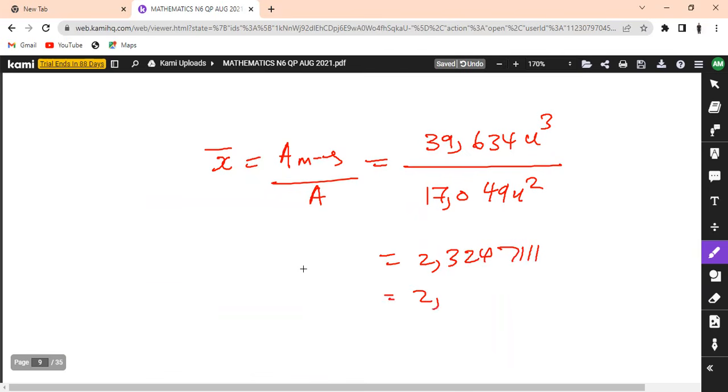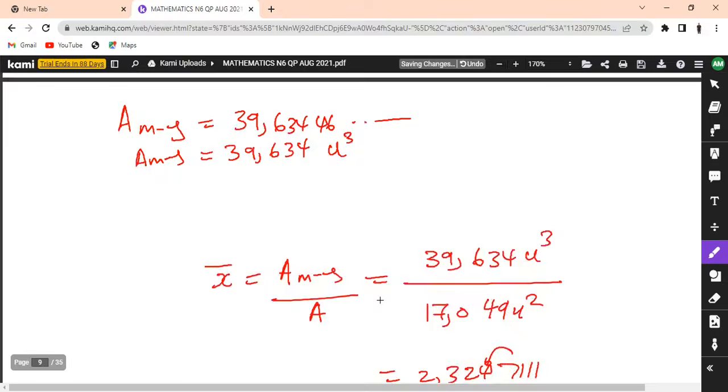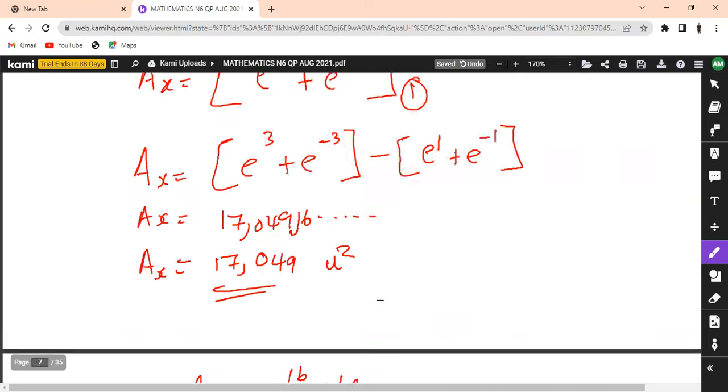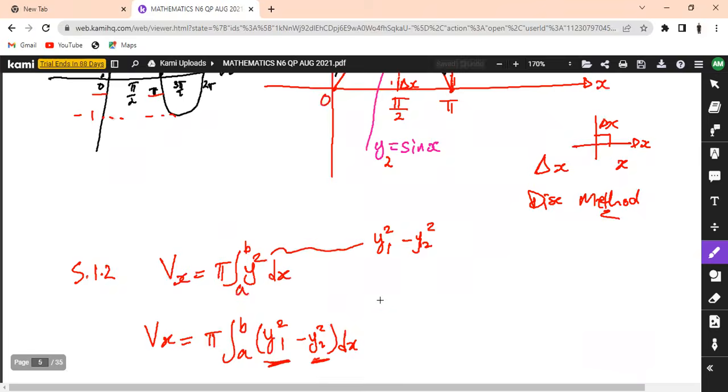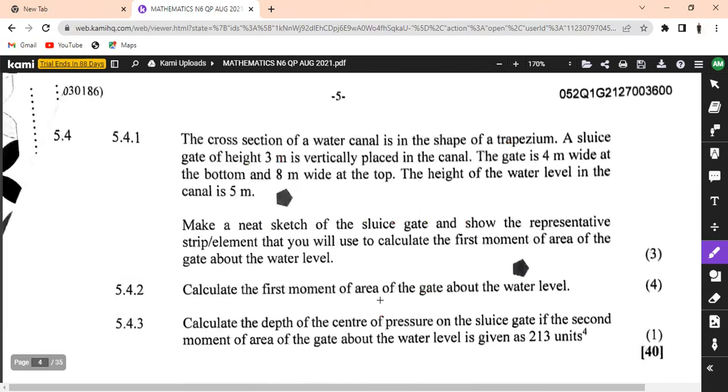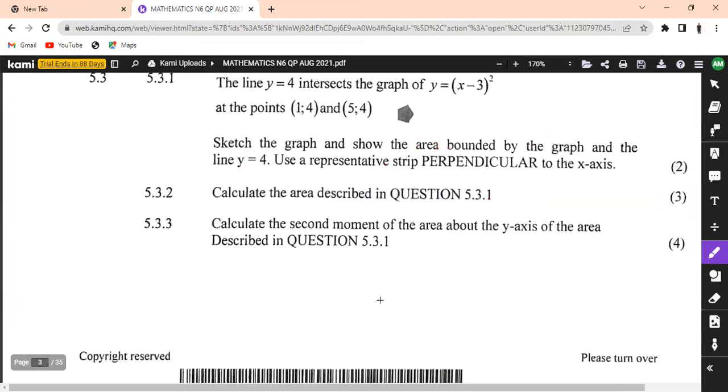Okay, so if you round off, it's going to be 2.325 units. So that is what we are going to have in this case. So that was the distance, guys. Just like that, we have got your distance. So it's very, very important that you apply this concept properly so that you won't miss any of the questions there. Okay, so let's see.